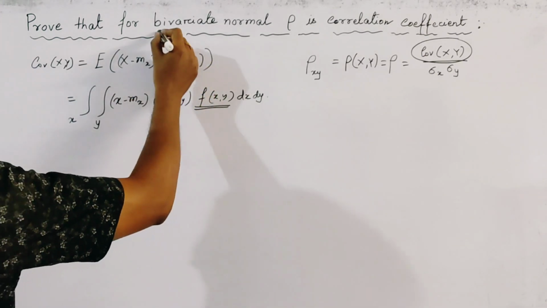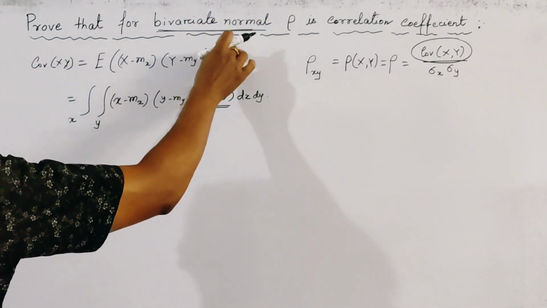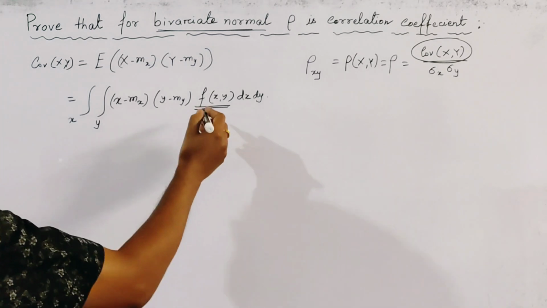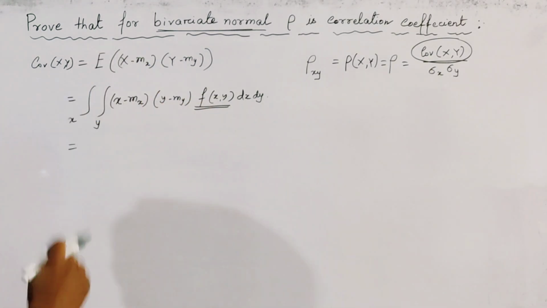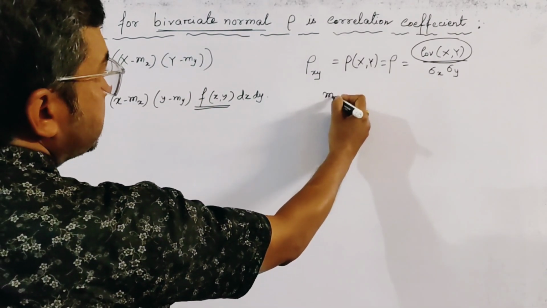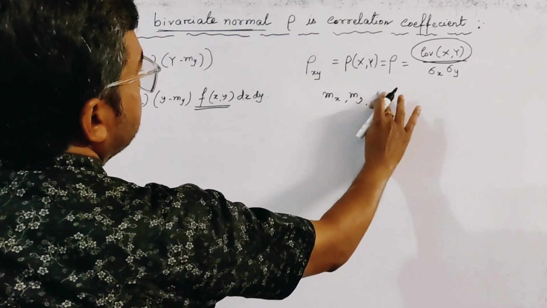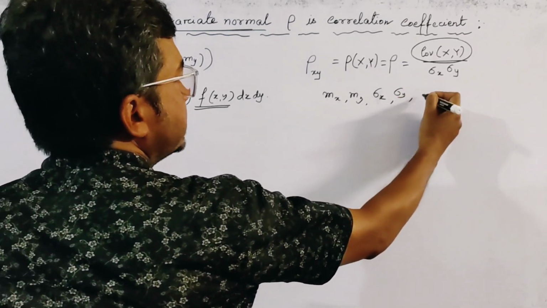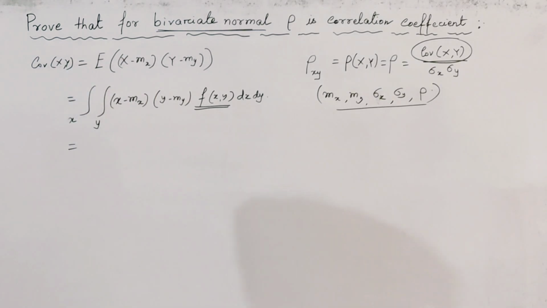Here the joint PDF of bivariate normal. What is the joint PDF of bivariate normal? We write here the joint PDF of the bivariate normal distribution with 5 parameters: mx, my, sigma x, sigma y, and rho. These are the 5 parameters of x and y.